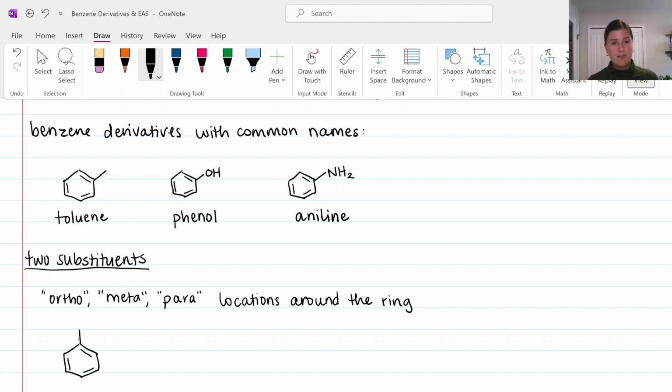So let's say we have a group. It can be any group. We'll just call this R. And that's one of the two substituents on benzene.